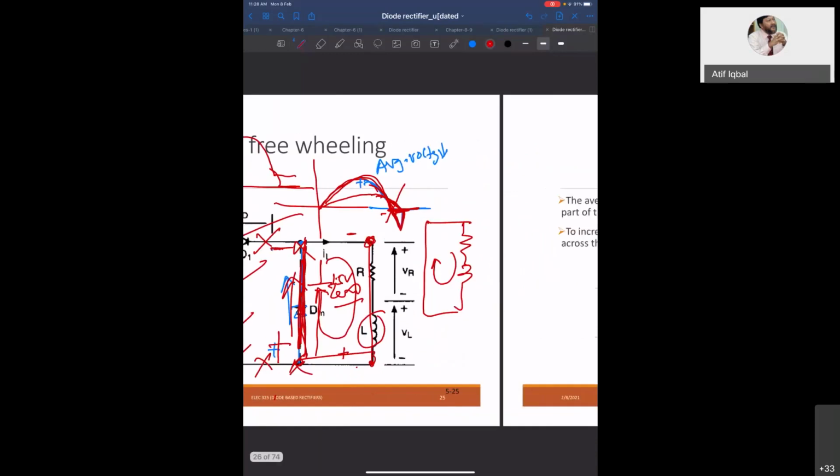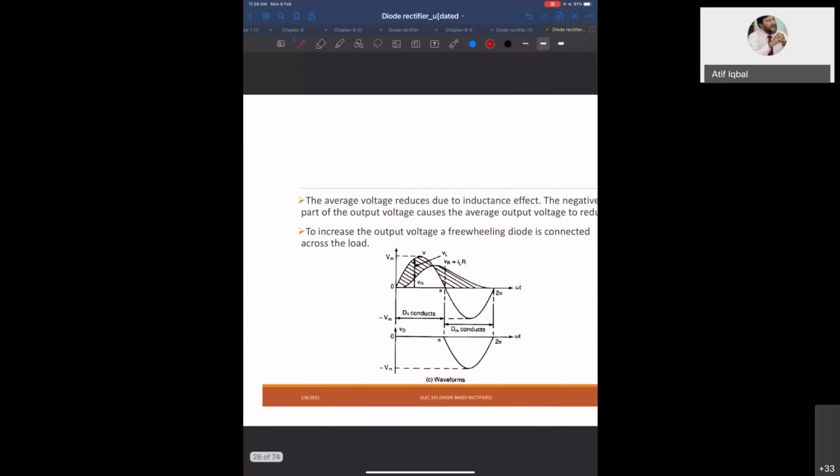So this was shown like a little more, but this was your current, and the diode was conducting up to this point. This is too much, they have shown too much.